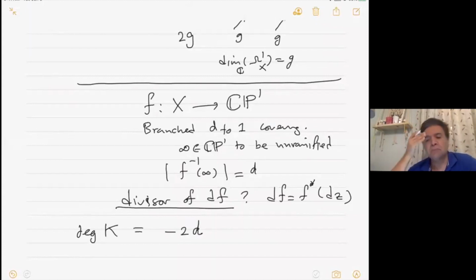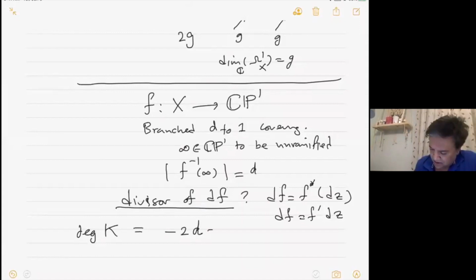And now, what about the zeros of df? df is f prime dz, right? So the zeros of this form are coming from the zeros of the derivative of f. That means that they're coming from ramified points. So this is the sum of ramification index minus 1.